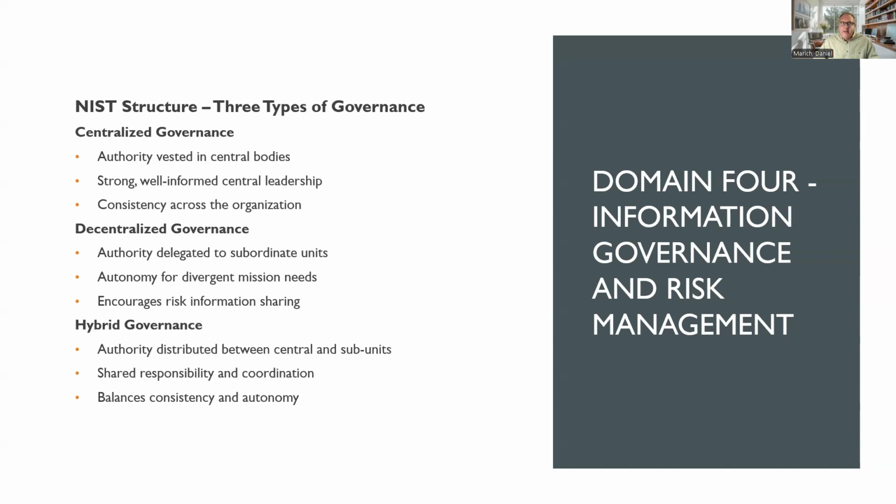All right, so then NIST structure. Know the three types of governance. So we've talked about governance in general. Well, you can have centralized governance, right, with a strong, well-informed central leadership. You can have decentralized governance, which encourages risk information sharing across the entire organization and authorities delegated to subordinate units. Then you have the hybrid, which is obviously a centralized and subunits.